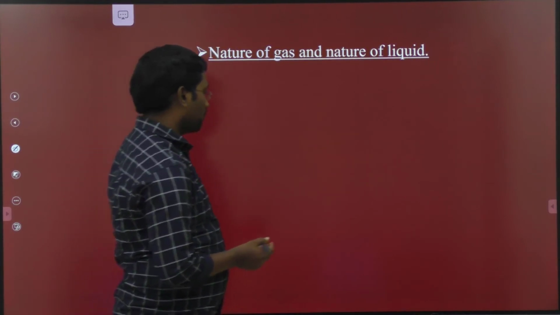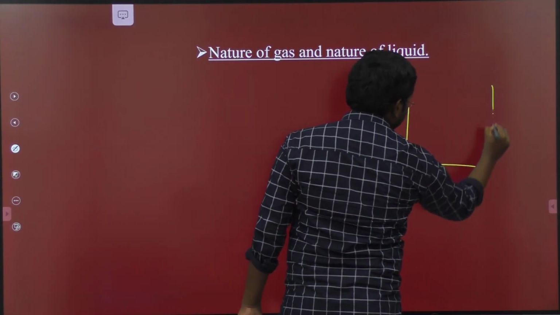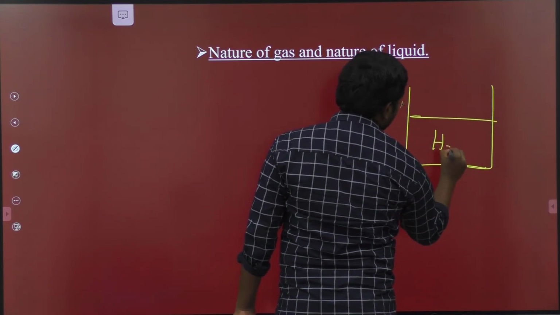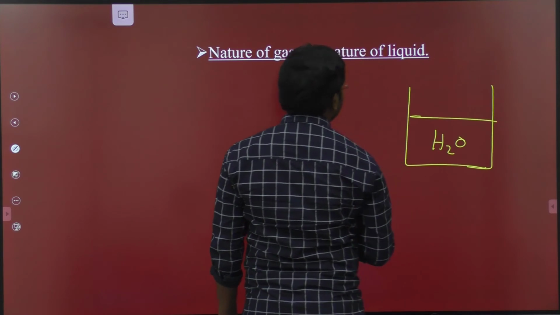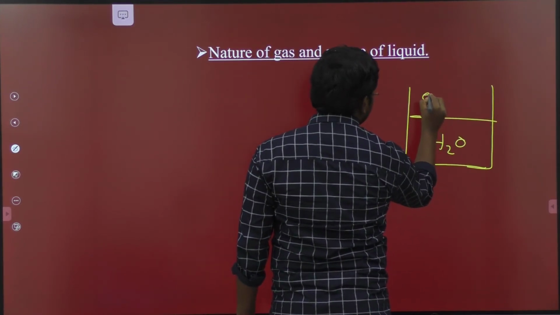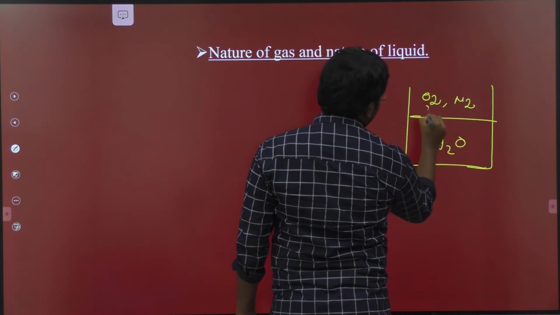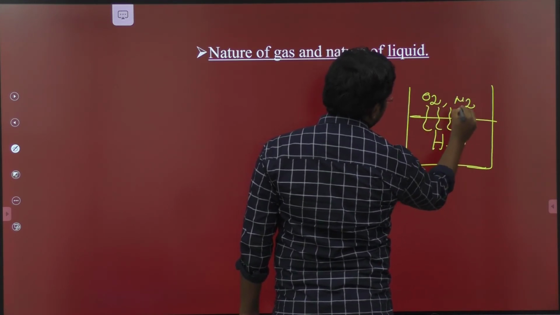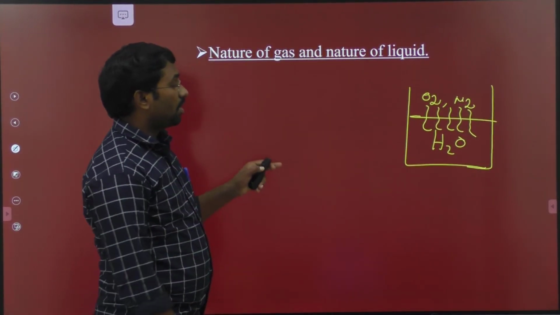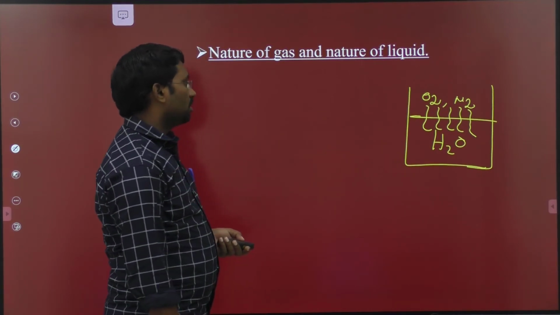For example, taking a live example, in a beaker we take a little bit of water, and here we are passing some oxygen gas, nitrogen gas, or hydrogen gas. When gases are passing into the liquid, what phenomenon occurs?